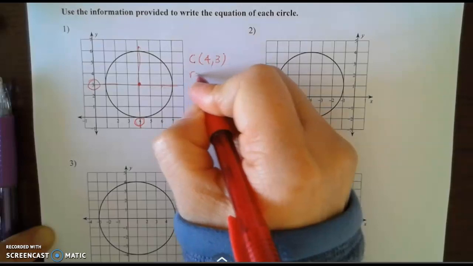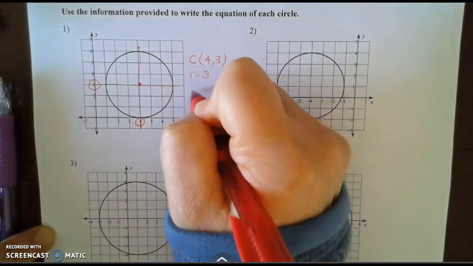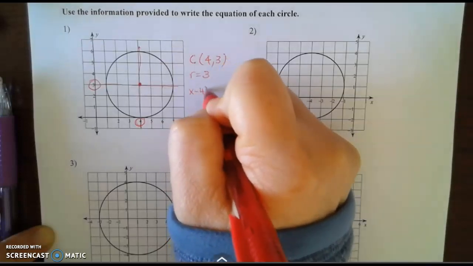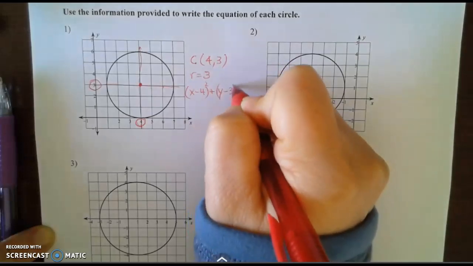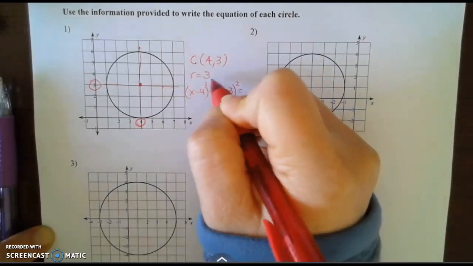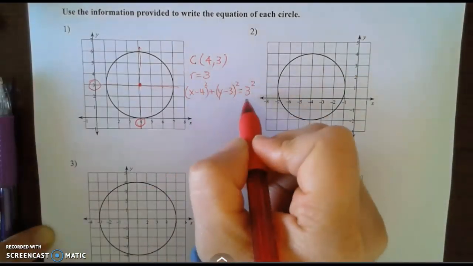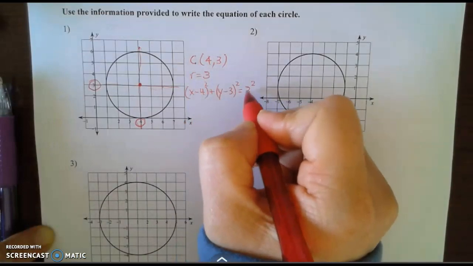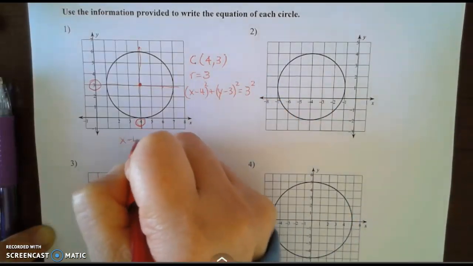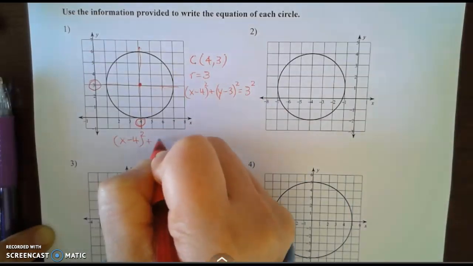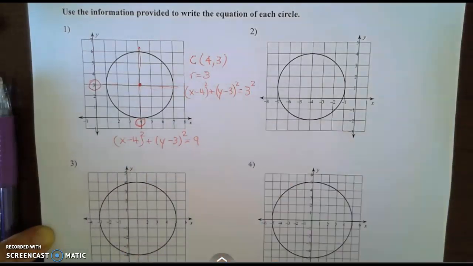So the radius is 3. Therefore the equation is (x minus 4) squared plus (y minus 3) squared equals r squared, which is 3 squared. Do I need to simplify anything? No, I just need to simplify the 3 squared as 9. So the equation becomes (x minus 4) squared plus (y minus 3) squared equals 9.